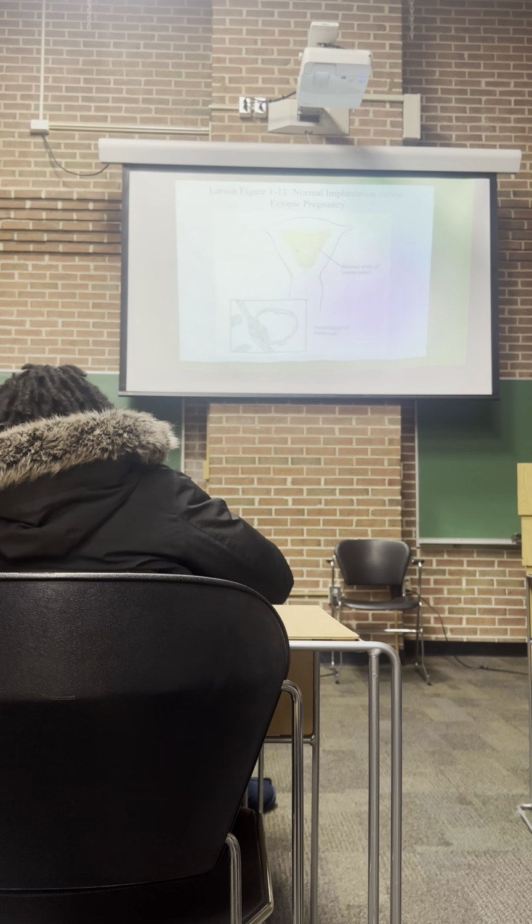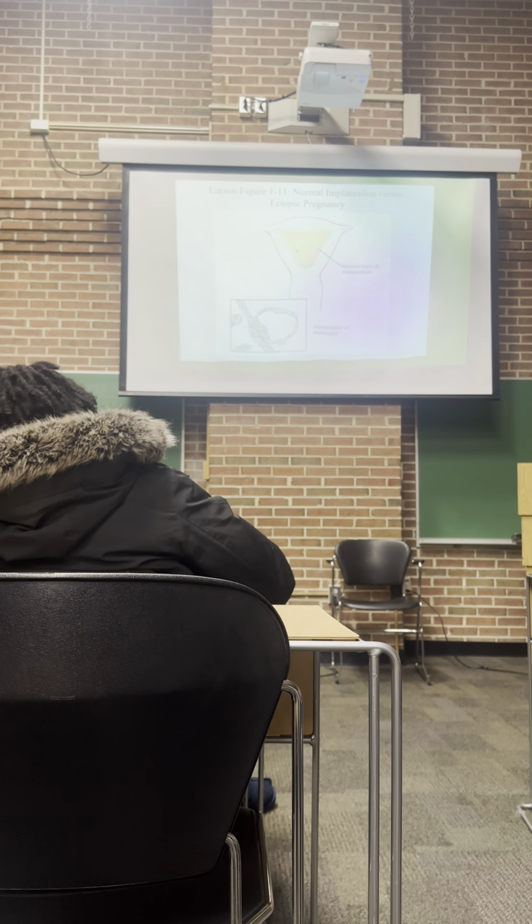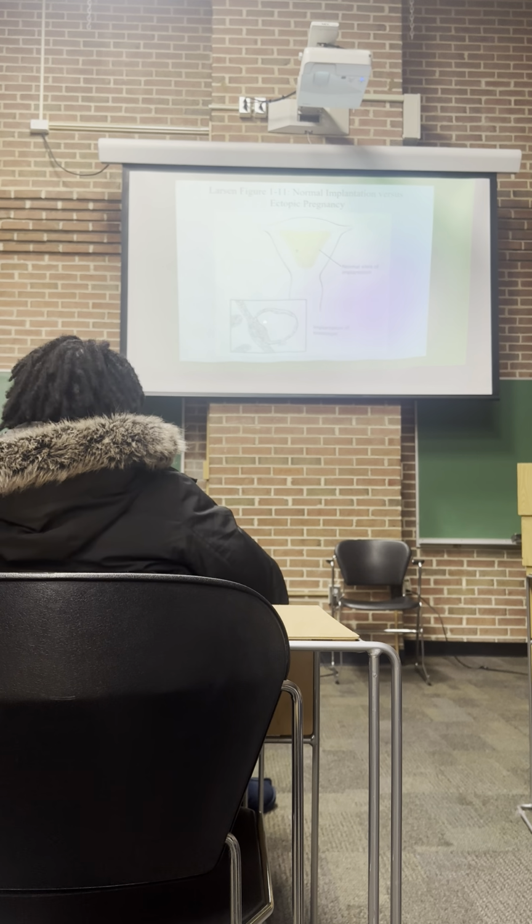If it's in the fallopian tube, the fallopian tube can burst from the embryo developing, right? And that can be fatal to the mother. So here shows you the uterine wall. Here's the blastocyst. Here's the embryonic pole. And we have here the cytotrophoblast.